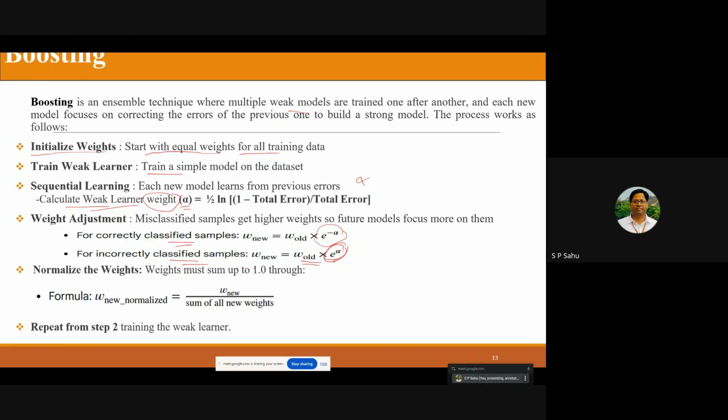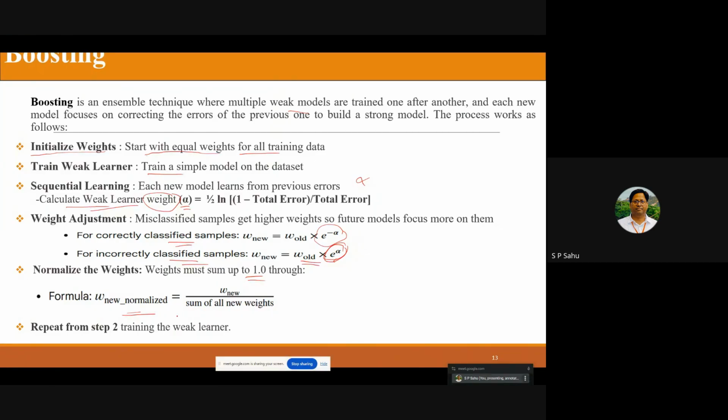At the last, the weights are to be normalized in the range of 0 to 1. And then again, we have just applied weak learner 1.